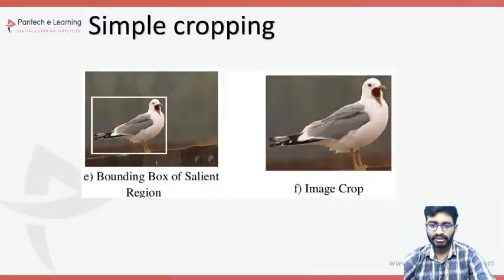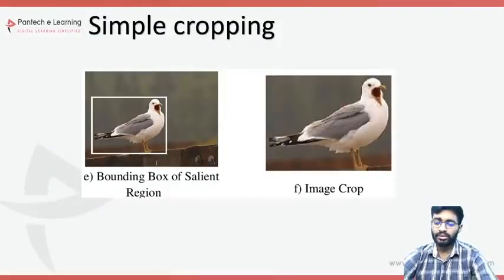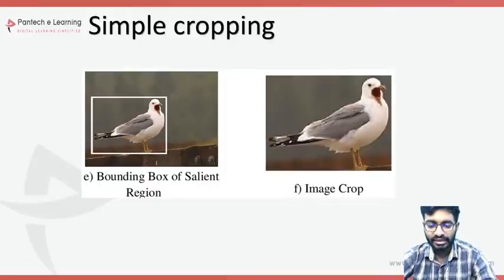So the next thing is, we are going to start with simple cropping. So what is simple cropping? Take a particular image, and if you want to select only a particular area, that is simple cropping.